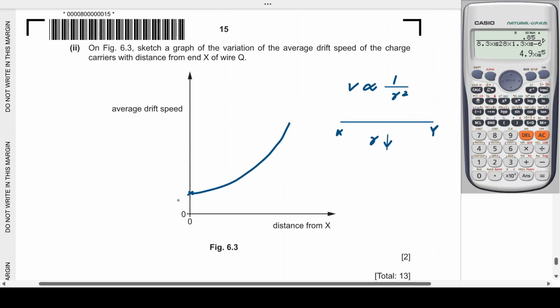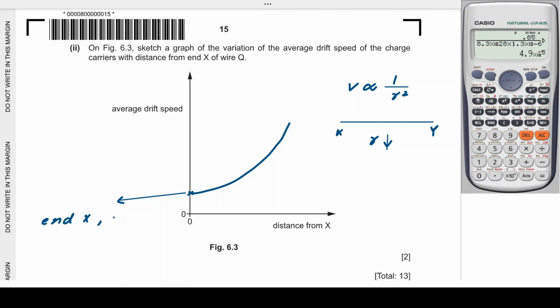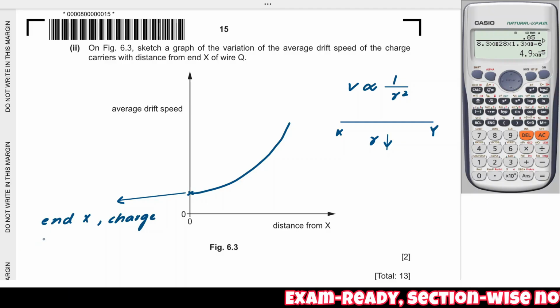And why do we not start from 0? Because even at the end X, charge carriers have a certain drift speed. If you start from 0, it means at the end X there was no drift speed, which is not possible.